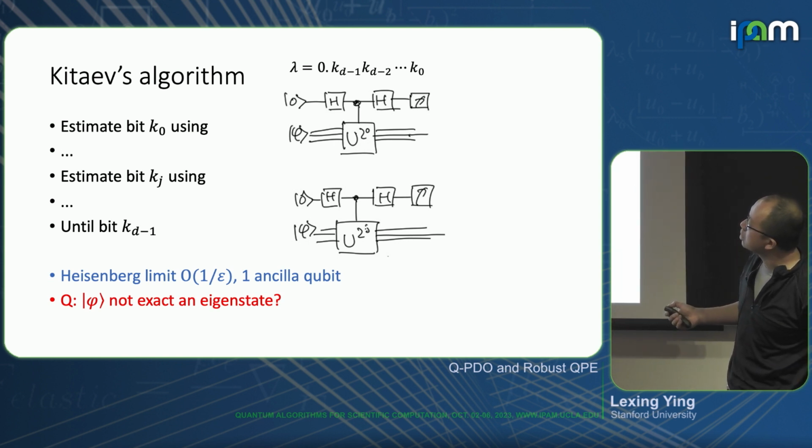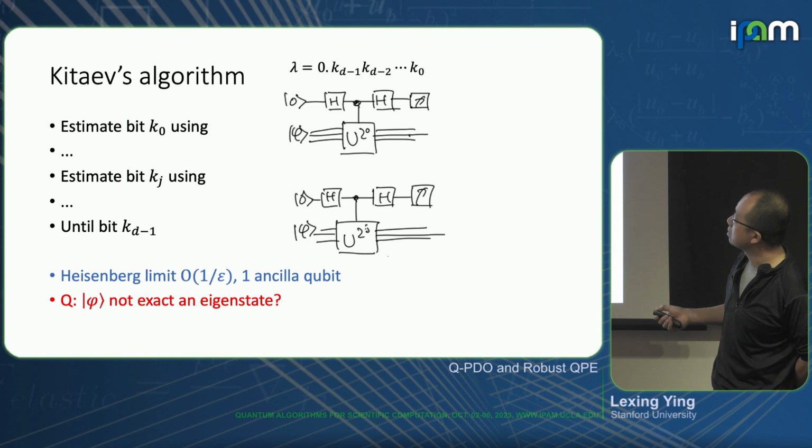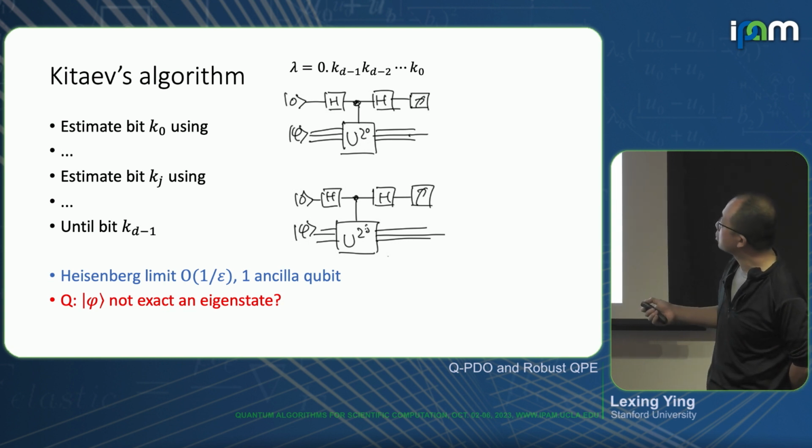The first algorithm that achieved this 1 over epsilon is probably Kitaev's algorithm, and this gives an illustration of what Kitaev's algorithm does. Assuming the eigenvalue itself has a d-bit binary expansion, you are essentially trying to discover these bits one by one.